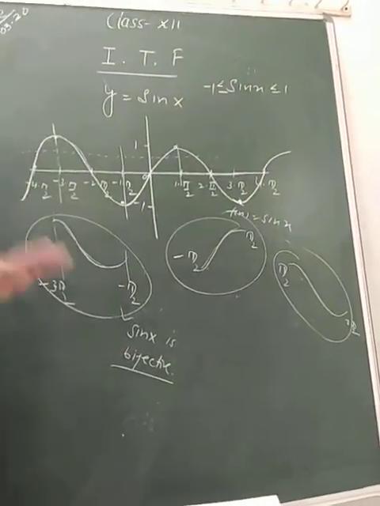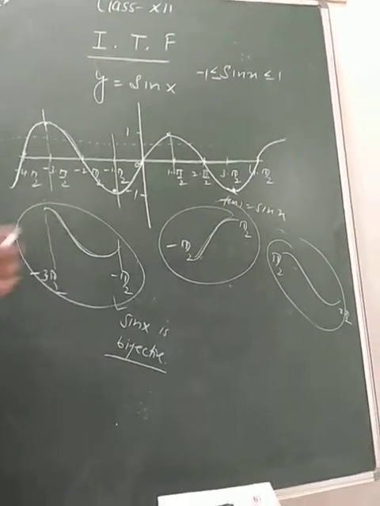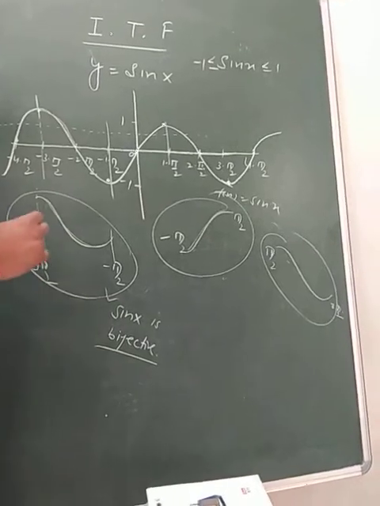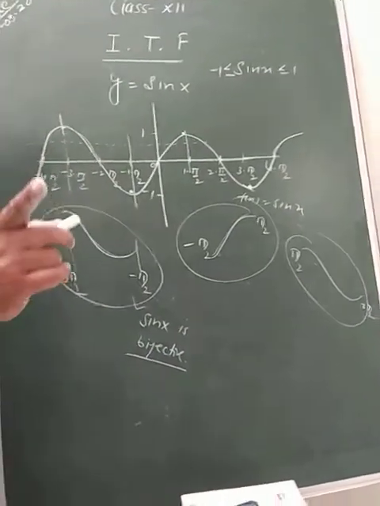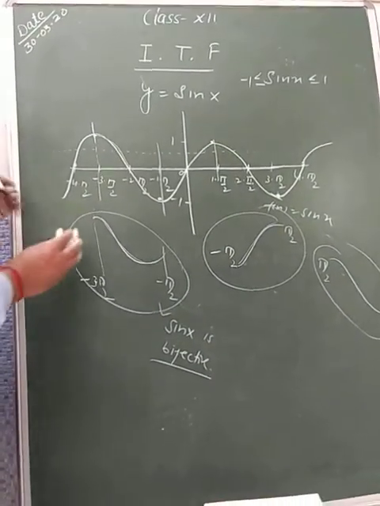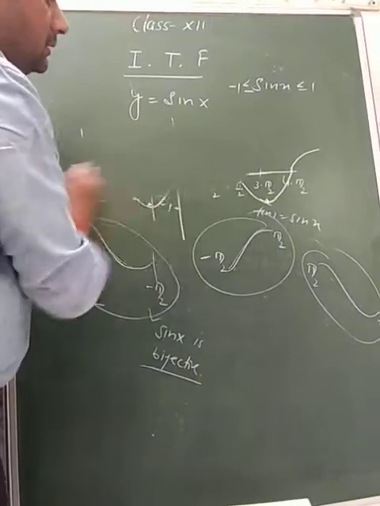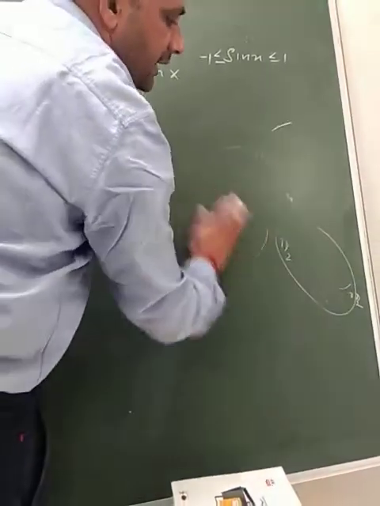So now we have many branches in which the sine function is invertible. The question is, which branch will we select for the inverse? We will study some inverse properties of sin x.